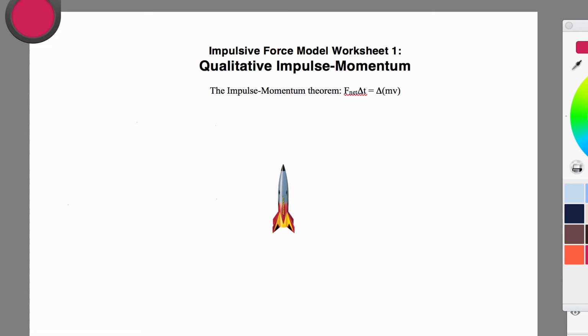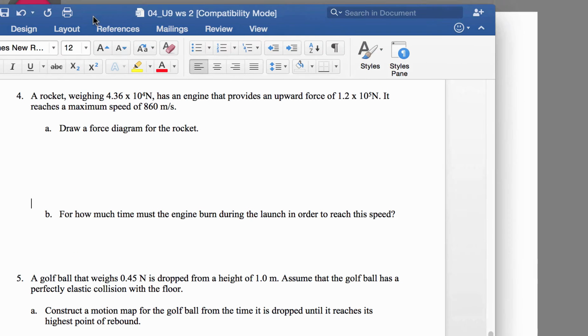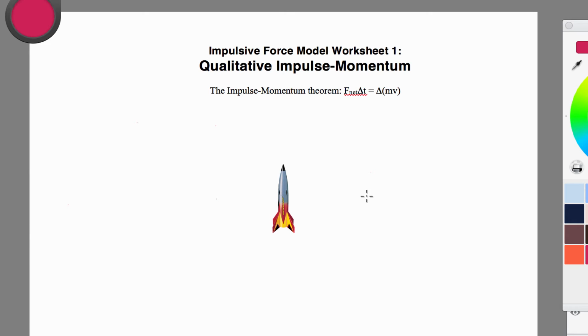Alright, so now what am I told about this rocket? I'm told it has a weight of 4.36 times 10 to the 4th newtons. So I'm going to keep that over here. 4.36. Okay, so there's a force on our object.